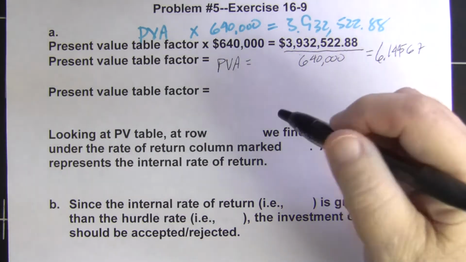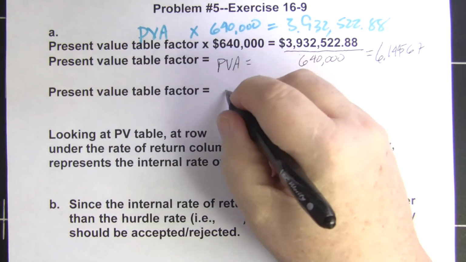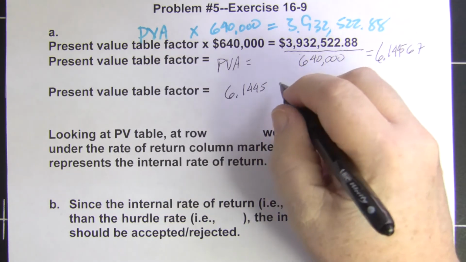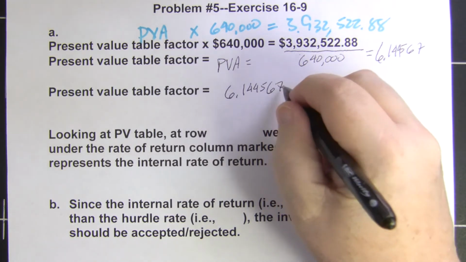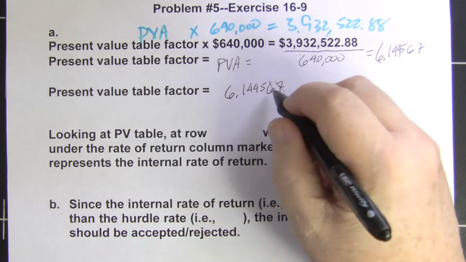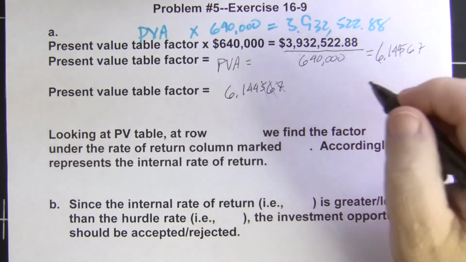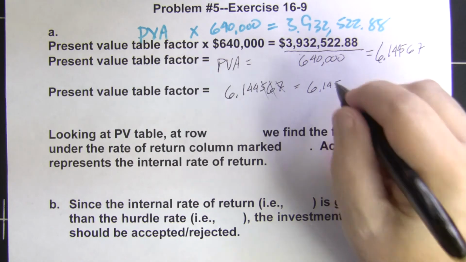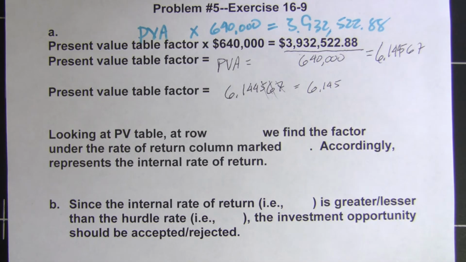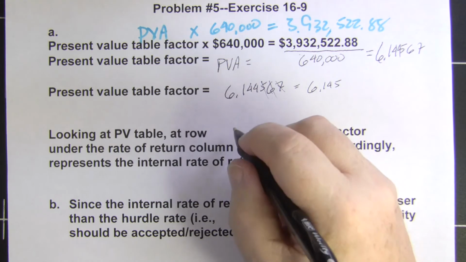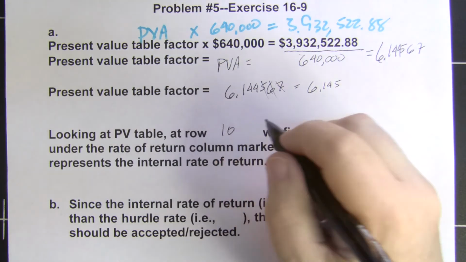So the present value factor, 6.14567, rounded up becomes 6.145. Now we look at the row, and remember the row is the number of years, so that's 10 years.